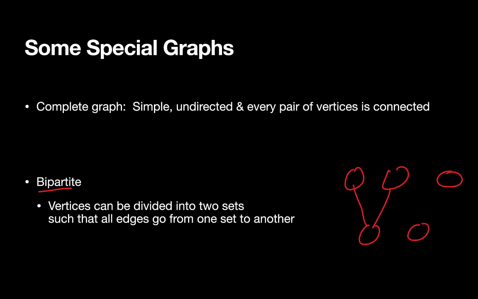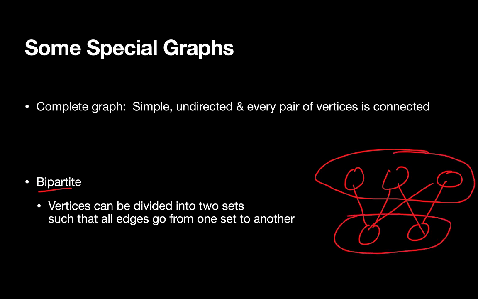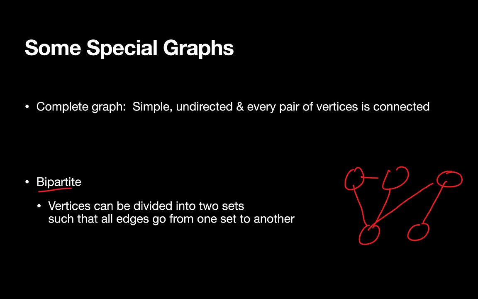If I had something that looks like this, I could pretty easily divide this into 2 sets, the top set and the bottom set, and all edges go between these 2 sets. I could actually break this by drawing an edge between 2 different vertices like this. So again, a bipartite graph is about dividing into 2 distinct sets where all edges connect between those 2 sets.